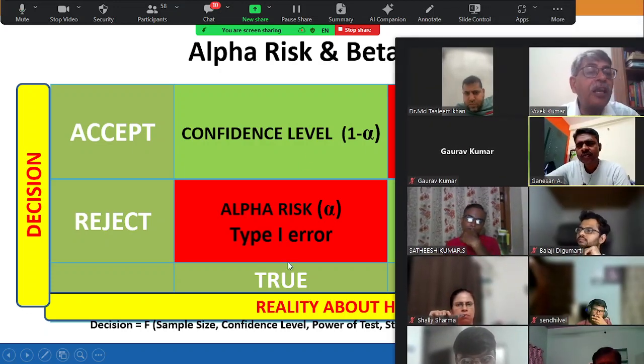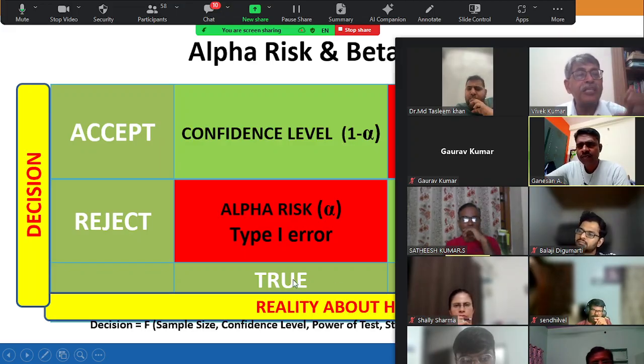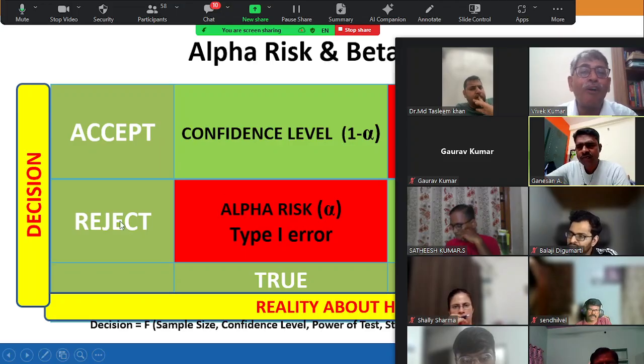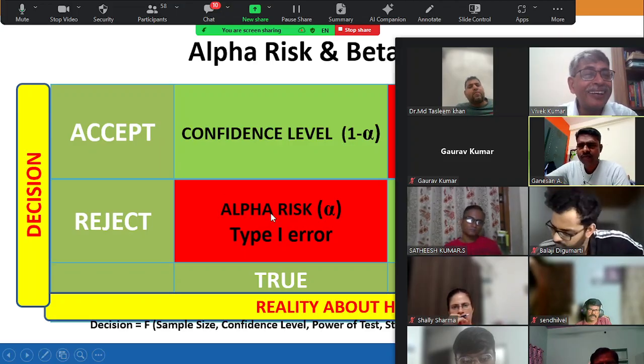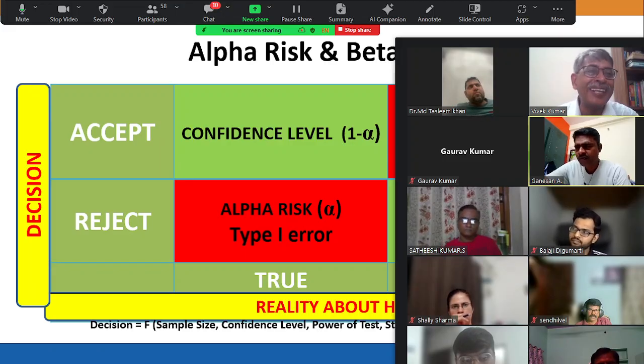This is what an organization believes. So, the reality about the null hypothesis is that it is true, but because of my statistical analysis, there is a risk involved that I can reject it. So, the risk of rejecting a null hypothesis which is actually true is known as manufacturer's risk.